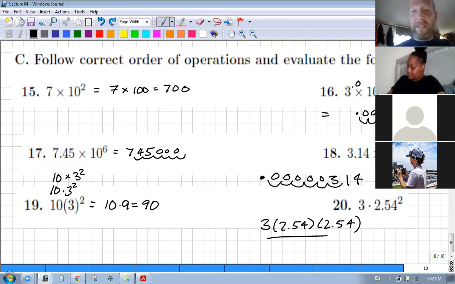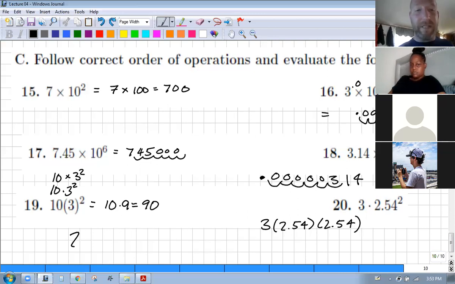So like this over here, I used parentheses, right? But all I was doing was using the parentheses for multiplication. The 2.54 squared is 2.54 times 2.54. And this, you can multiply these in any order now. You can multiply these two and then times that, or you can multiply these two and then times that, right?